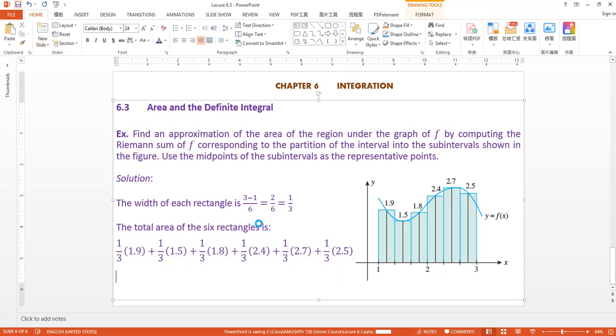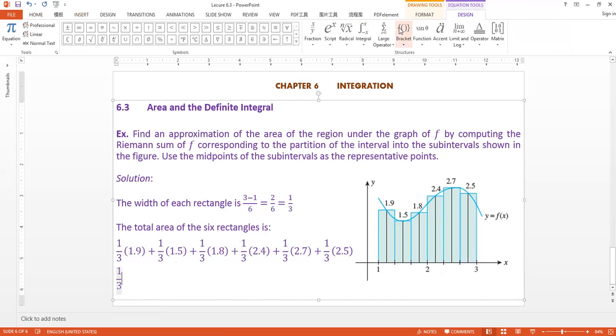Now we can compute each decimal and sum up, but there's another way to do it. We can factor out 1/3 from each term. We have 6 terms, and each has a factor of 1/3, so we factor out 1/3 from all the terms.